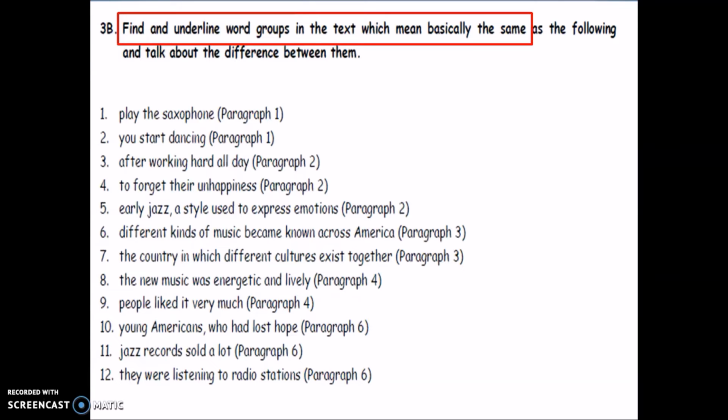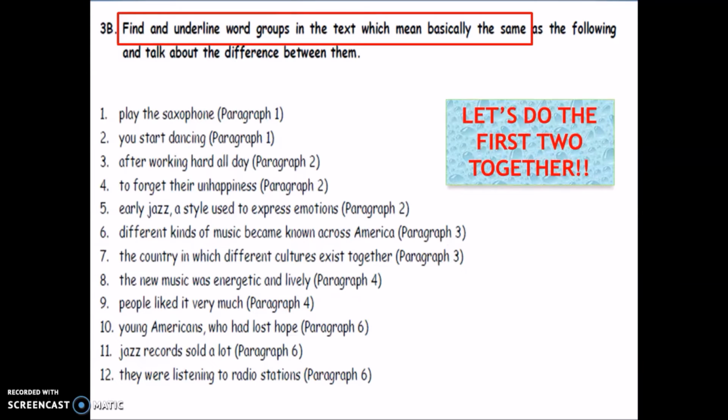So finding these word groups in the text will make you aware of the fact that you're able to find the paraphrased or rewritten parts of texts, parts of writing. Okay, so let's do the first two together.